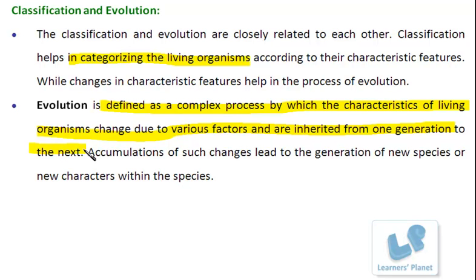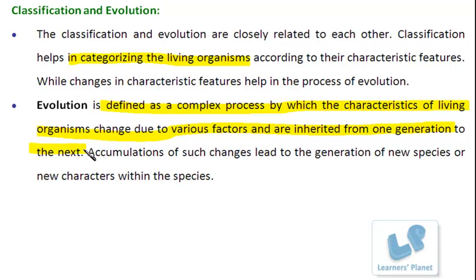See, variation is basically a change, right? Whenever reproduction is taking place, whenever new offsprings are produced by the existing living organisms, definitely at that time some error may occur. Error in terms of DNA sequence.